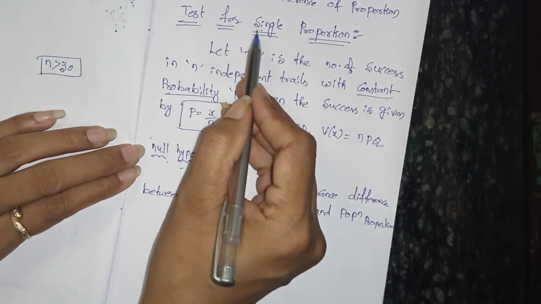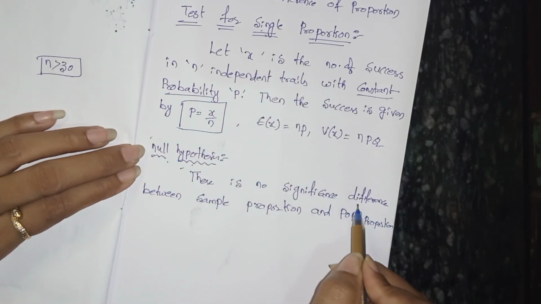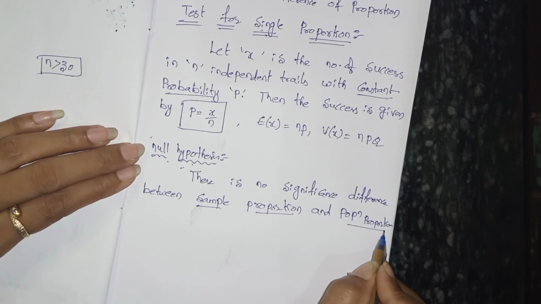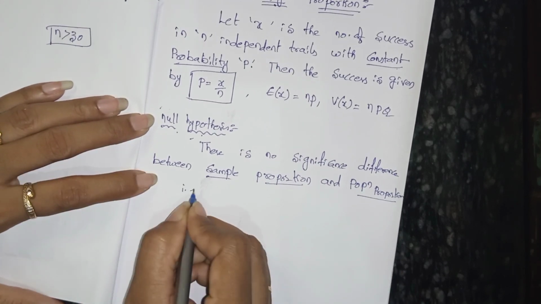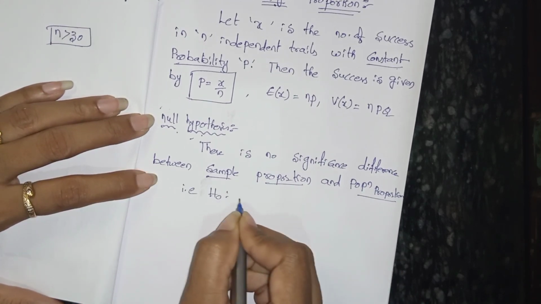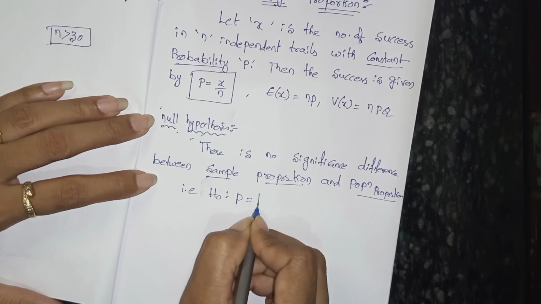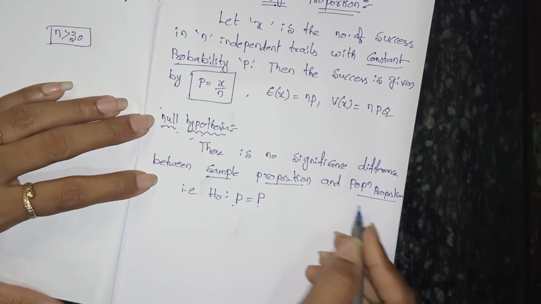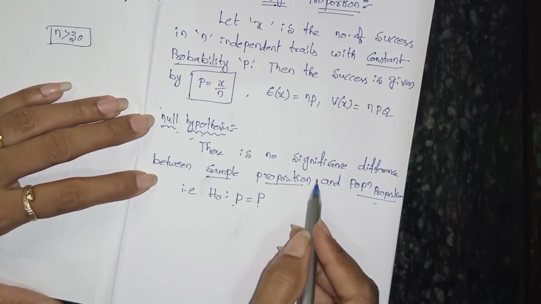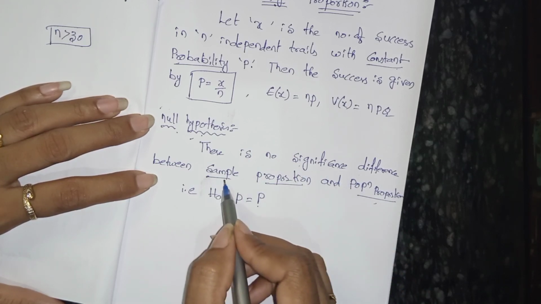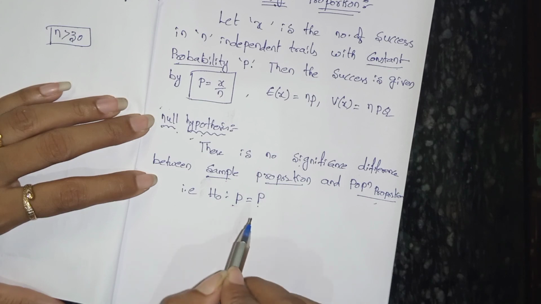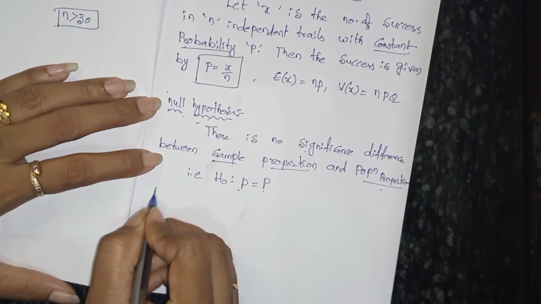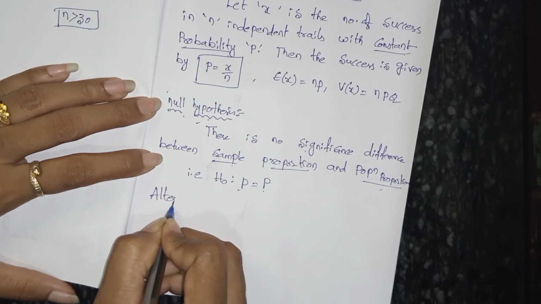As I told you, when the word single comes, you have to test between sample proportion and population proportion. So H0 such that small p equals capital P, that means sample proportion equals population proportion. There is no significant difference between those two.